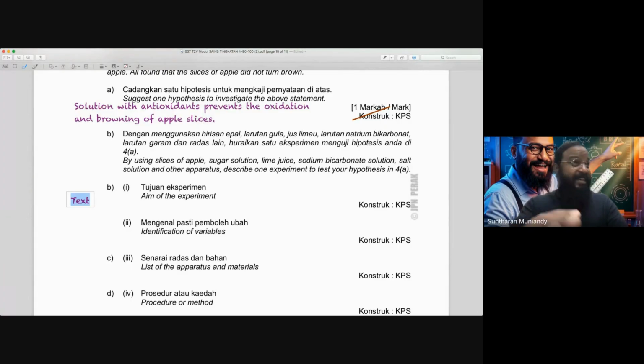That is the standard way you can start for aim of the experiment.